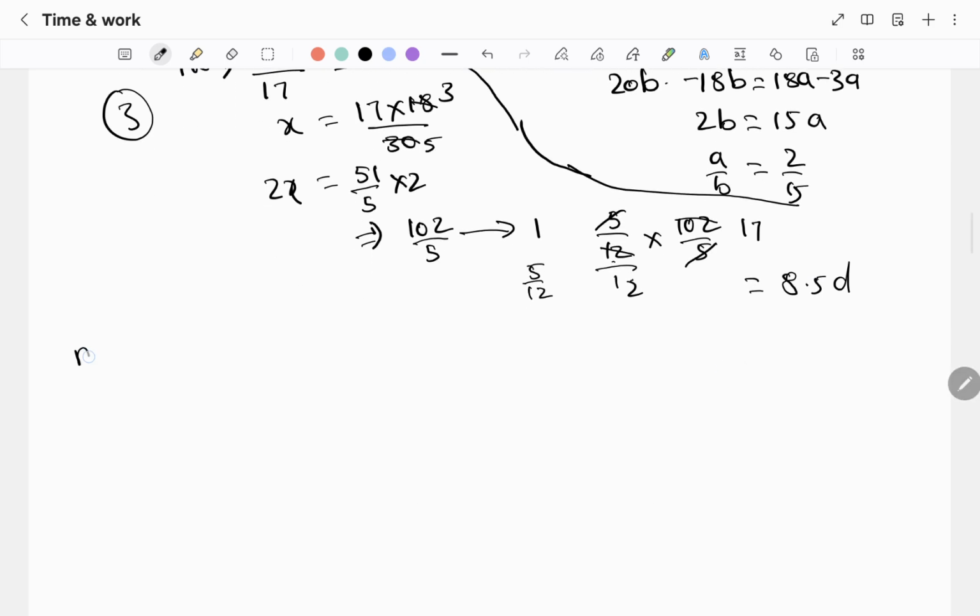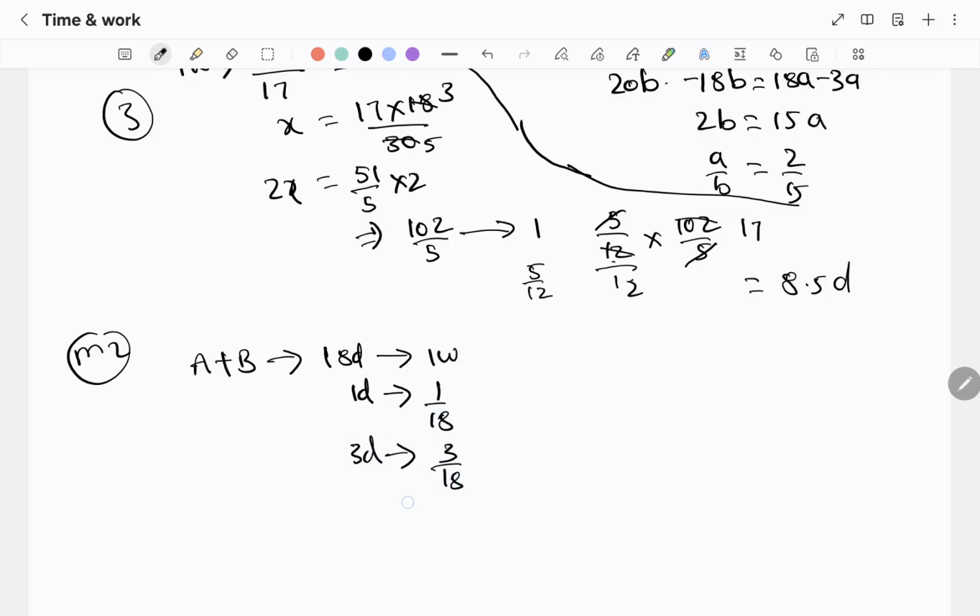Let us mark it as method 2. A and B did 3 days of work. A plus B completed the work in 18 days. One day's work is 1 by 18, so 3 days is 3 by 18, which is 1 by 6.